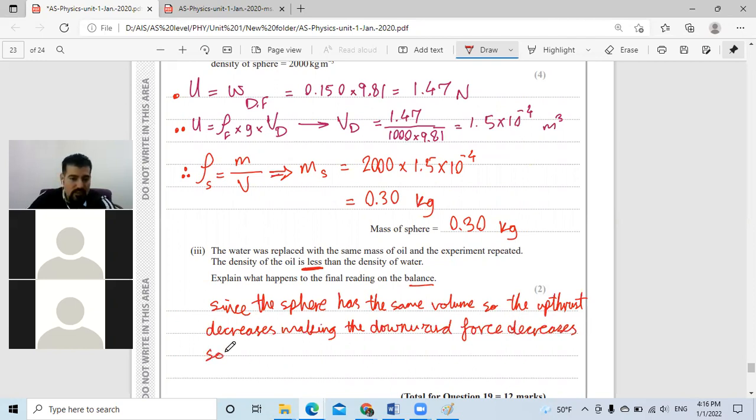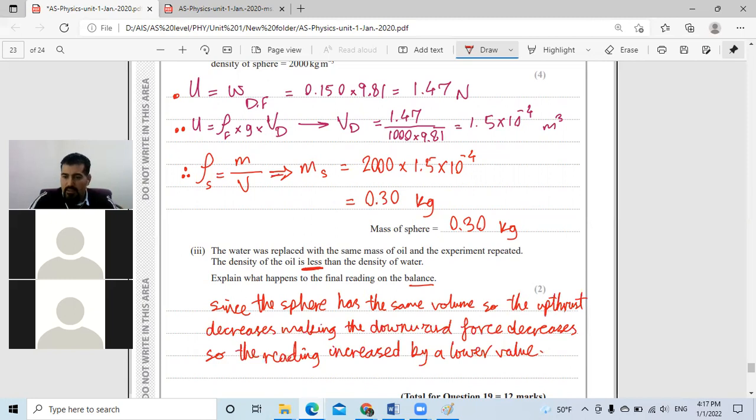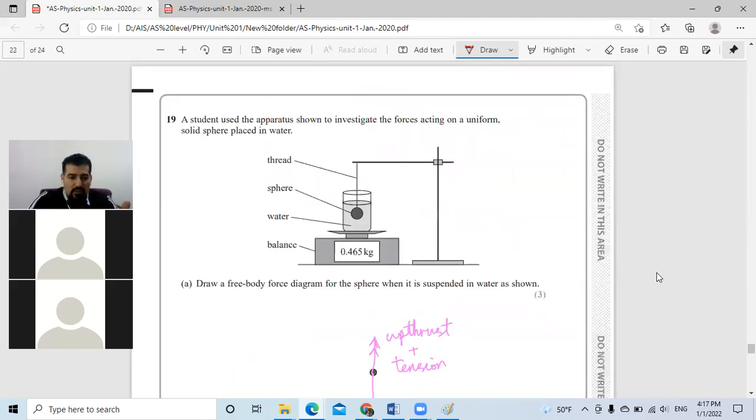So the reading increased by a lower value. It will not increase to how much they said, to 465, maybe 445, maybe 430.